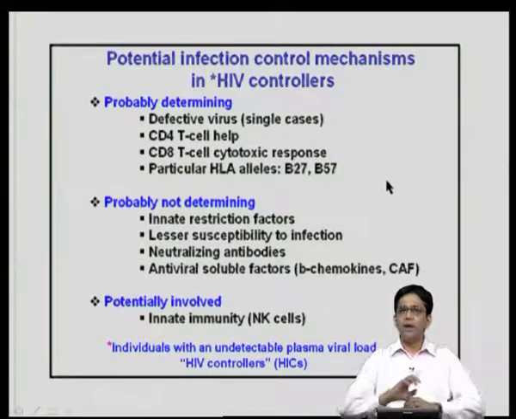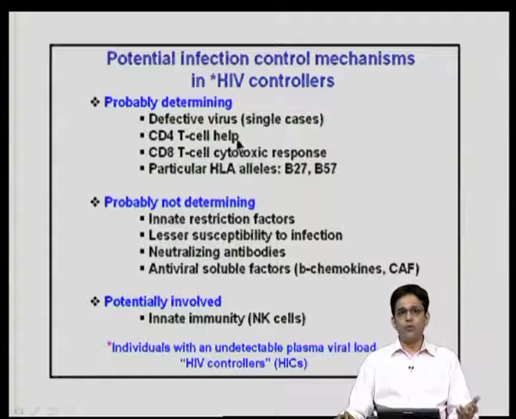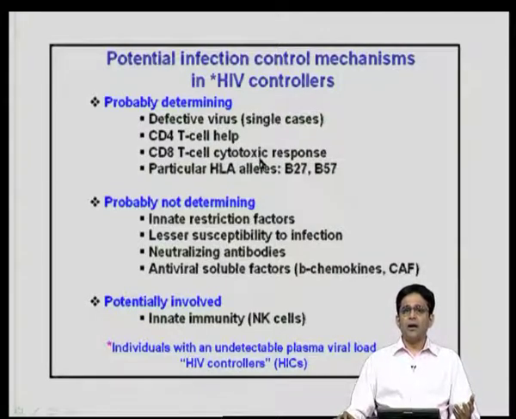And overall it would appear that, without doubt, CD4 positive T cell help, CD8, and particular HLA alleles like B27 are important in determining susceptibility to HIV. The ones that are maybe not that important are neutralizing antibodies, because it is very hard to generate good neutralizing antibodies against HIV.